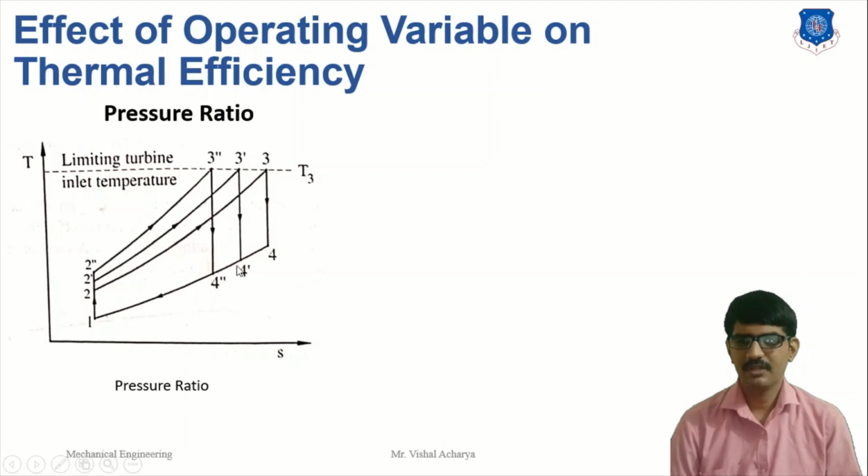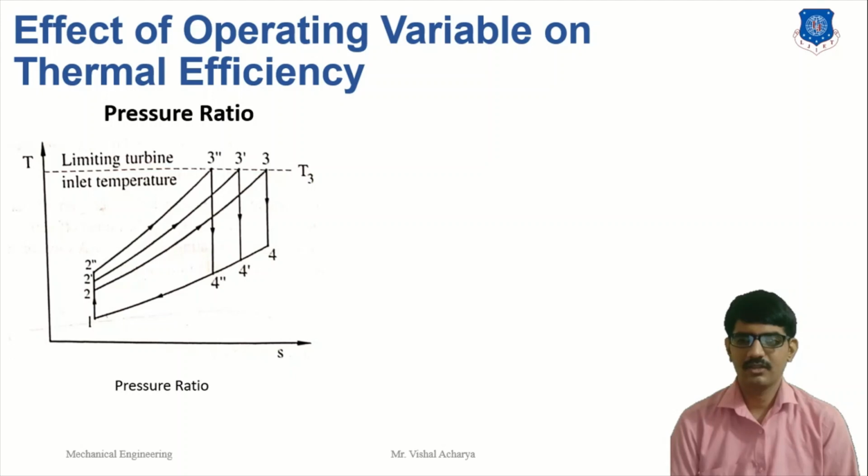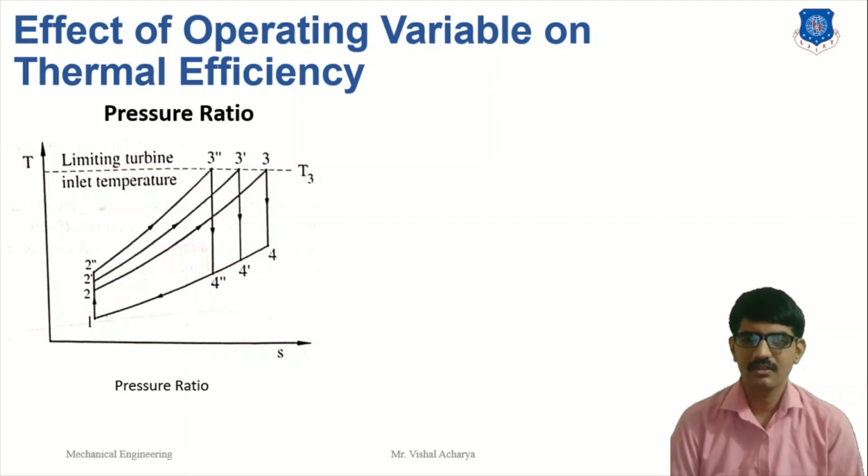When you increase the pressure ratio beyond the optimum, the thermal efficiency decreases because the heat addition and heat rejection increase after some point. So the optimum pressure ratio is required for maximum thermal efficiency.